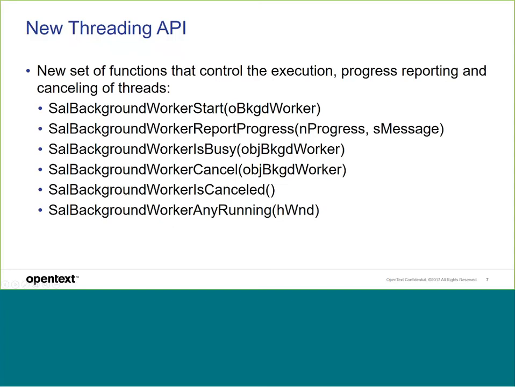There's another handy function, StartBackgroundWorker.AnyRunning, which tells you if any threads defined on the currently open windows are running. That is helpful when the user wants to close the application and you need to check if things are still running and close down in a nice way before totally exiting the application.